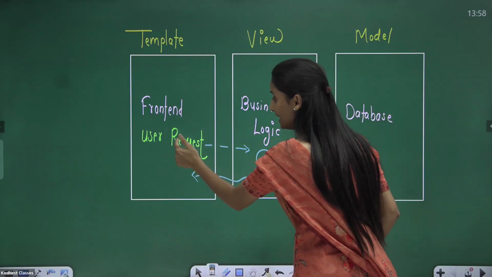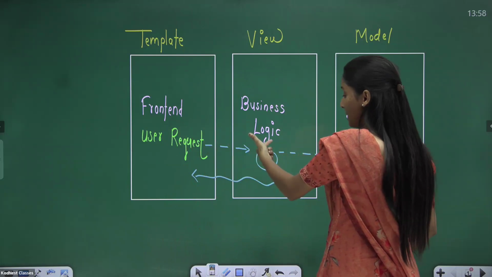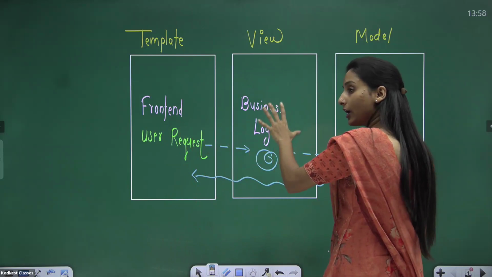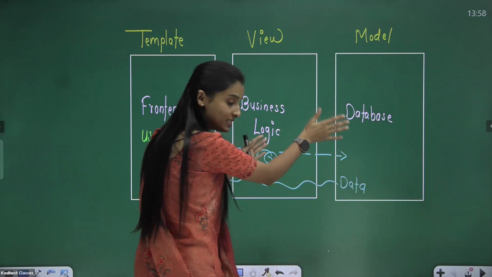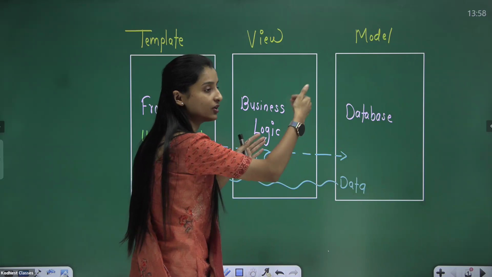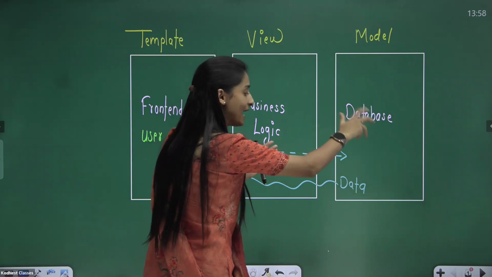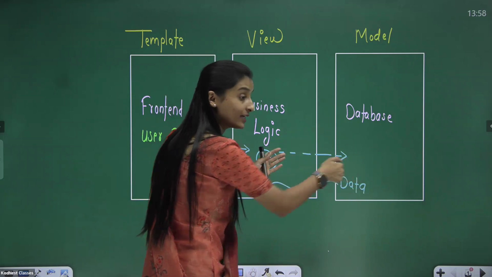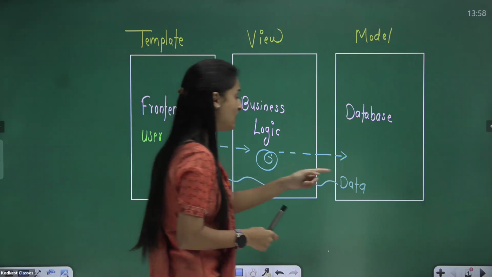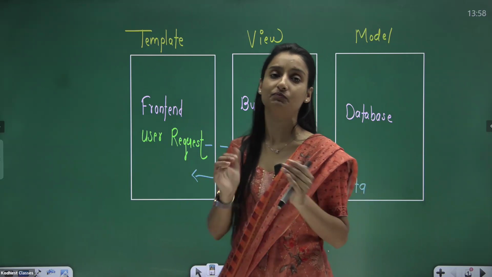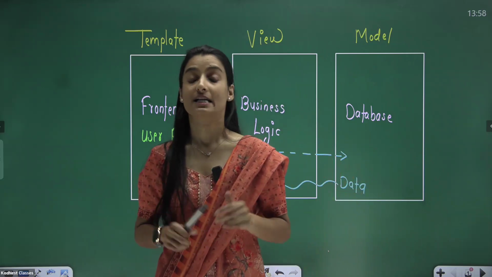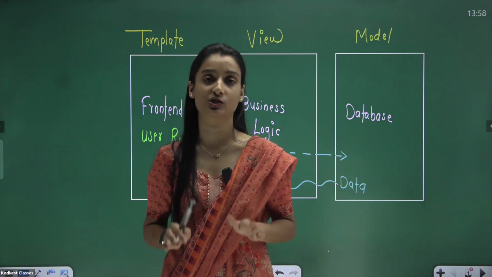See, when you hit sign in, you are sending the request. Business logic will check: are you a registered user? Yes. So go to the database. Business logic will check what your search history, watch history, order history is. As per that, it will fetch the data to display on your home page, and that data will be returned to the front end, means to the user, guys. Okay, this is how MVT architecture works.